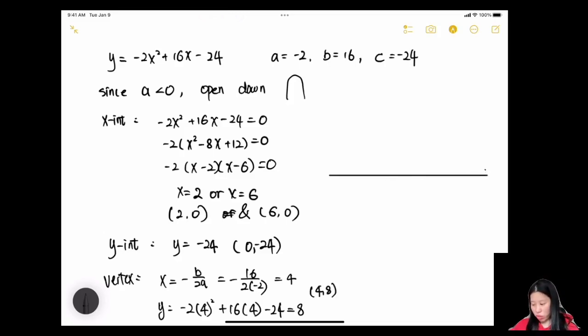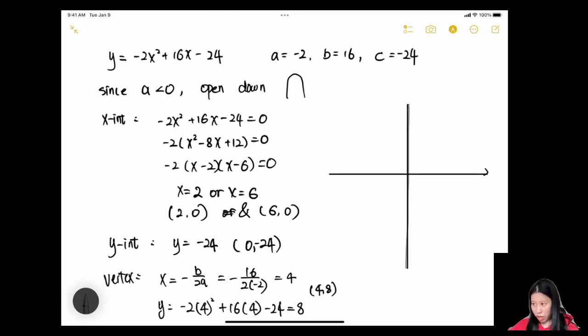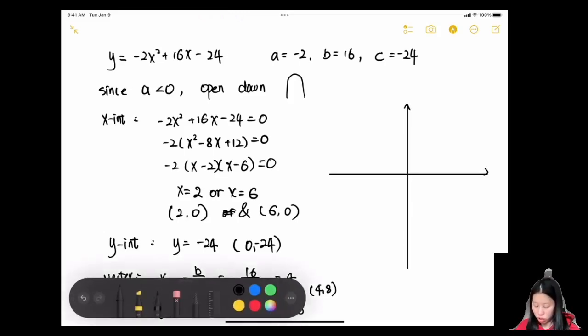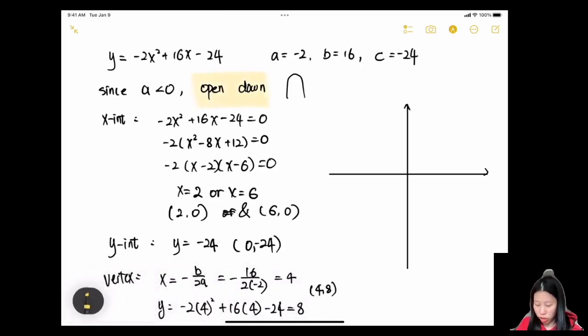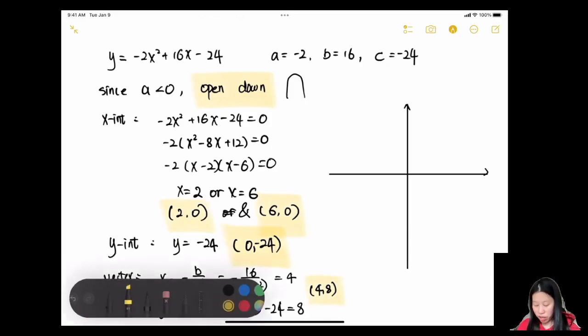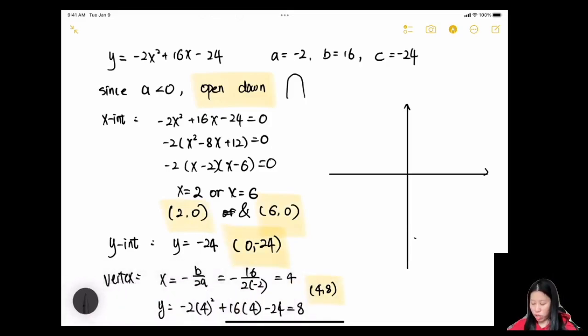So now we can draw it with all the information that we have. We know that it's open down. We know the x-intercepts, vertex, and y-intercept. So for the x-intercepts, we have 2, 0, and 6, 0.